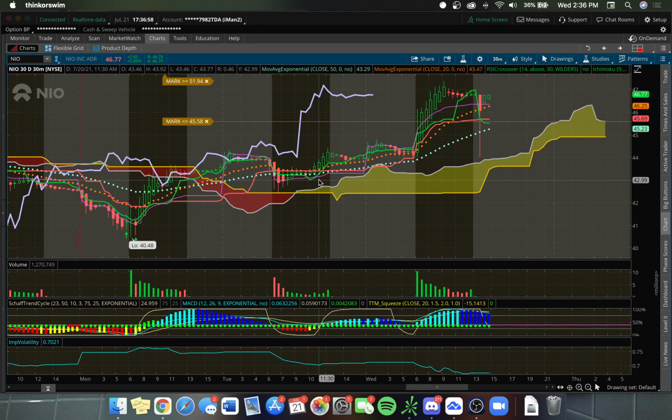I kind of look at the 90 MA more than the VWAP, to be honest. It's just that when I first started trading, I was using the VWAP, so I've never really taken it off. I still think it's a good indicator, though. That's why I keep it on. It makes sense to me.